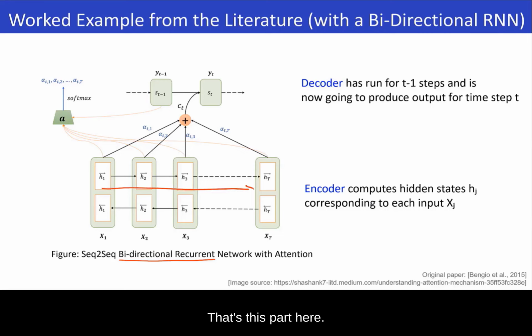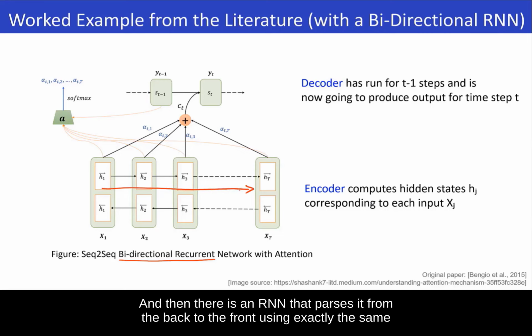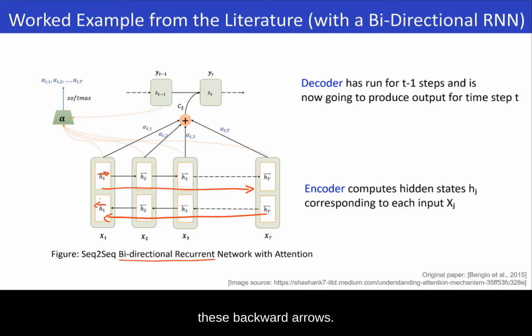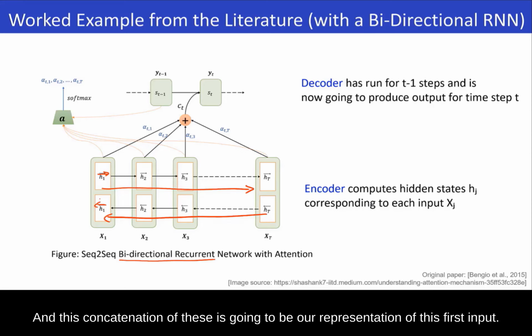That's this part here. And then there is an RNN that parses it from the back to the front using exactly the same RNN equations. And you get a representation that has these forward arrows and a representation that has these backward arrows. And this concatenation of these is going to be our representation of this first input.